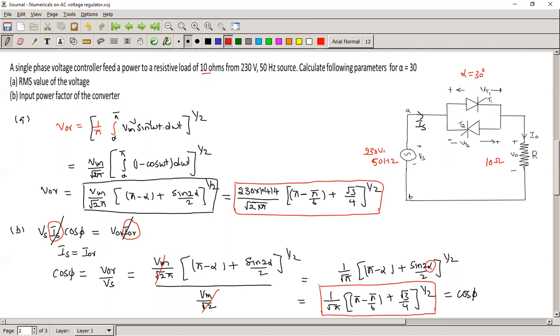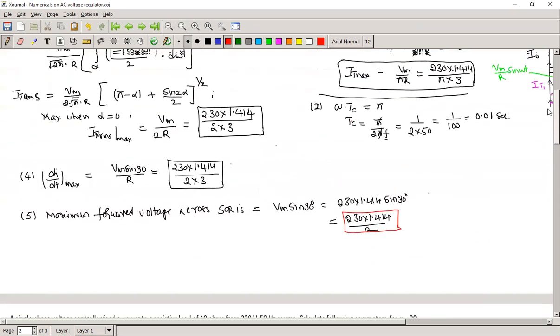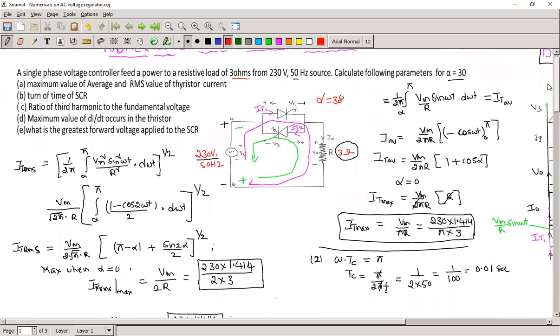On the AC voltage regulator, we solved two numericals. Let me summarize the class. In the first problem, we calculated the maximum, average and RMS values of thyristor current, the turn off time of the SCR, and the ratio of third harmonic.